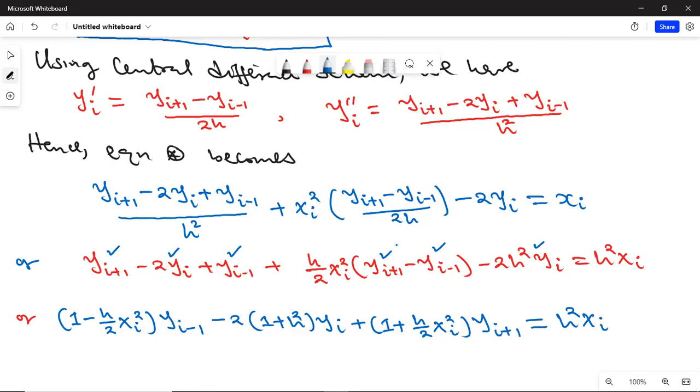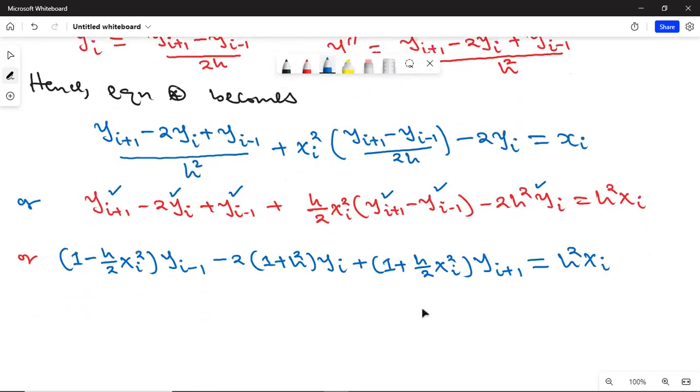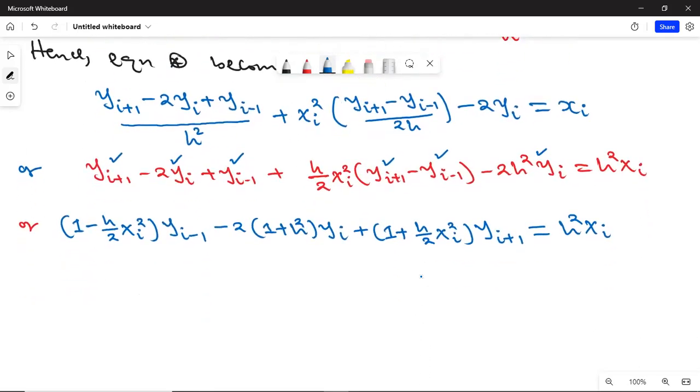So remember, we know the value of h to be equal to 1 over 4. So the next thing, you put h equal to 1 over 4, and then you simplify what we have here. Now with 1 over 4, we are going to get 1 minus 1 over 8 xi squared yi minus 1.